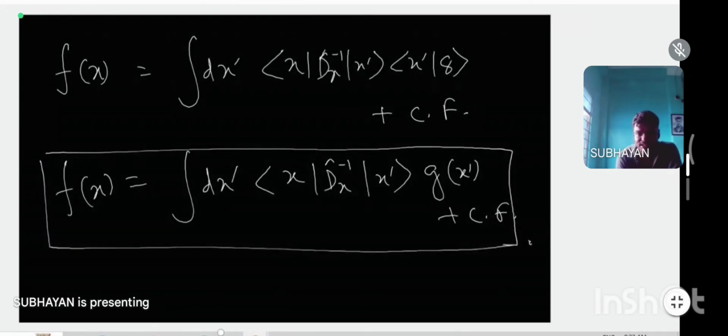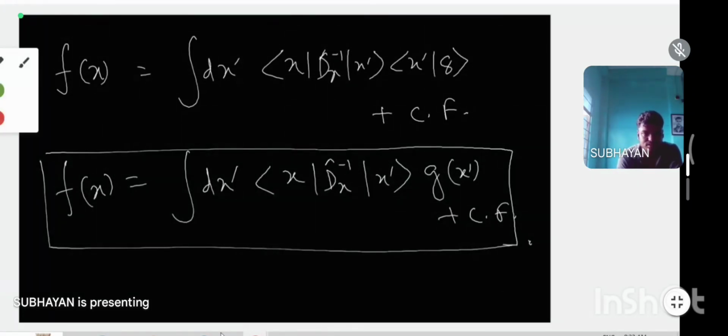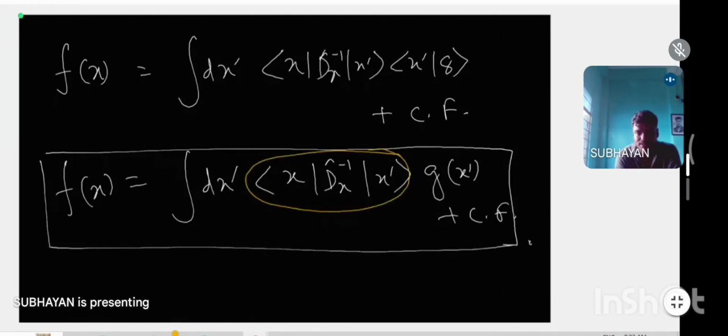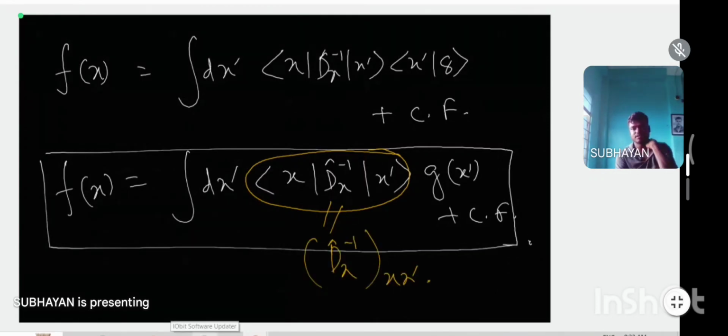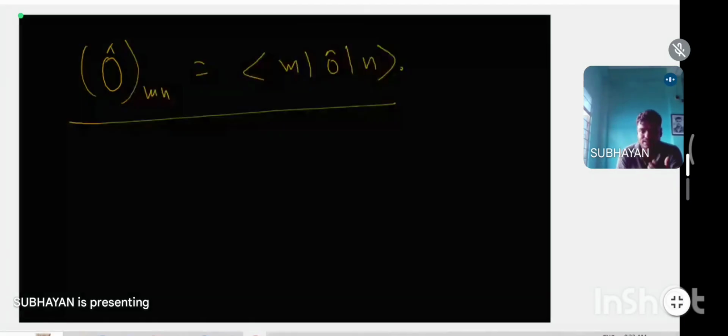Okay. And what is this portion? Can you identify this one? This is nothing but the matrix element of the dx inverse operator, between x and x prime. Okay. Because you know the matrix element of an operator, mn, is m o n.